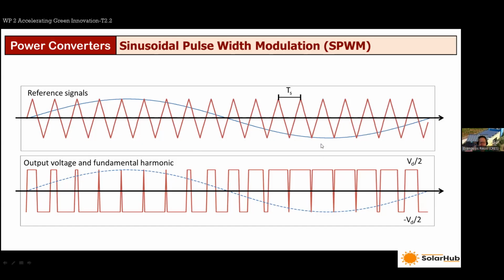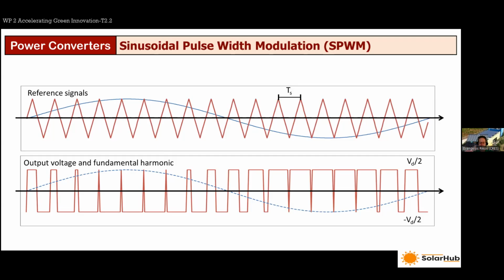If you take, for example, the single phase full bridge converter, and analyze this waveform, this is the voltage on the load. If you analyze this in terms of Fourier harmonics, you'll get that there is a fundamental harmonic that follows the reference signal. And there are a lot more harmonics still, but they are shifted to higher frequencies.